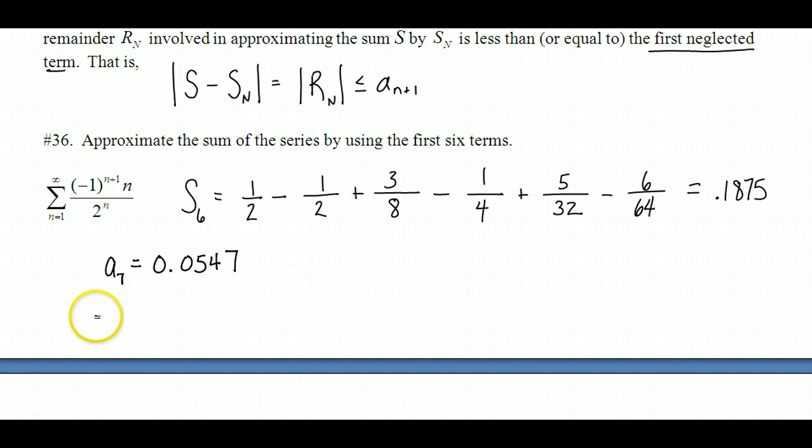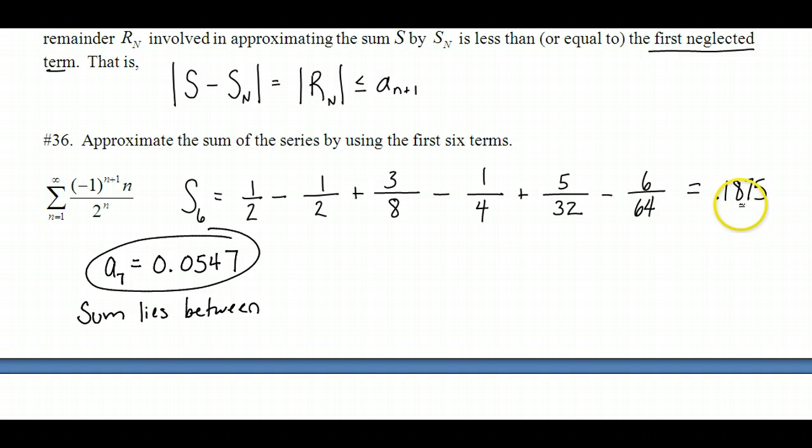Basically what this means is that the sum lies between, here we have the 0.1875. I have to add and subtract my first neglected term from this value. So I'm going to subtract it first so that I can write it on the left side here. And I know technically after this we should add, but remember the term after that you would be subtracting.